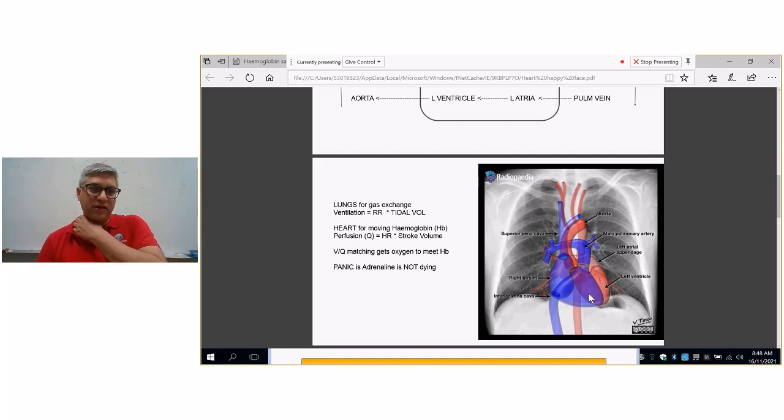So we just said the perfusion or Q or cardiac output equation is heart rate times stroke volume, and the gas movement equation is ventilation, or minute ventilation, which is respiratory rate times tidal volume. And having more of one and less of another is a VQ mismatch. Not really important as long as your numbers are okay and the problem is sustainable.